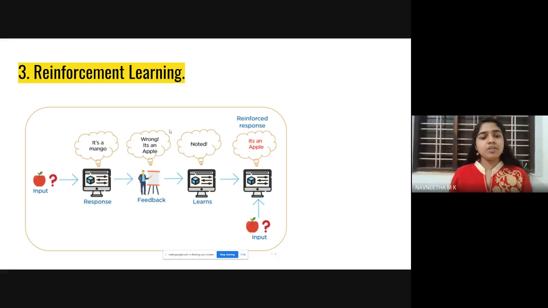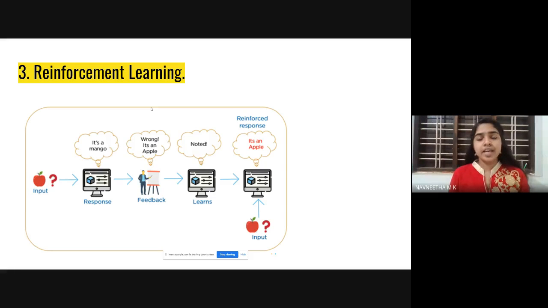Next, we will go through the third type of learning, that is reinforcement learning. This reinforcement learning will be explained with a small example. Imagine a newborn baby. If you put a burning candle in front of a baby, the baby does not know what will happen.